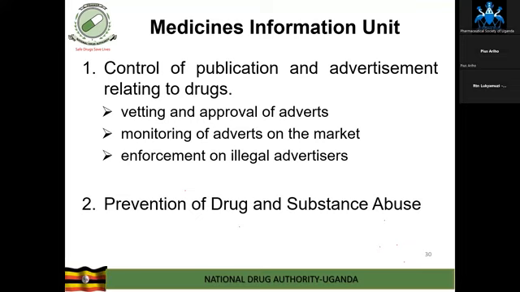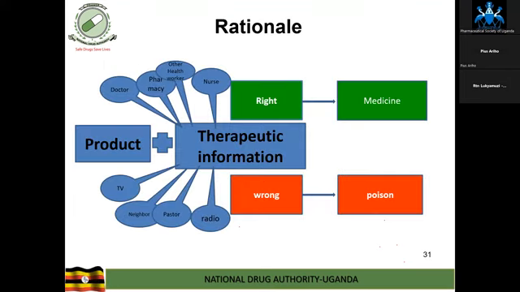And the last one is what? Enforcement, wherever there's what? Breaking of the law. So the rationale to regulate advertising is because there is a very thin line between a drug and a poison. And I'm sure all of us know that.